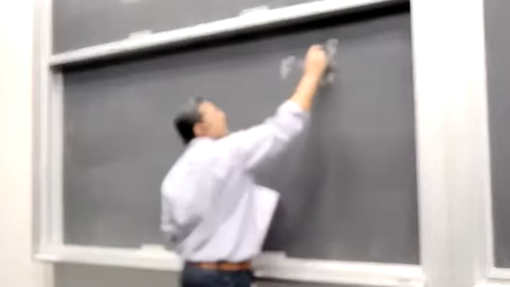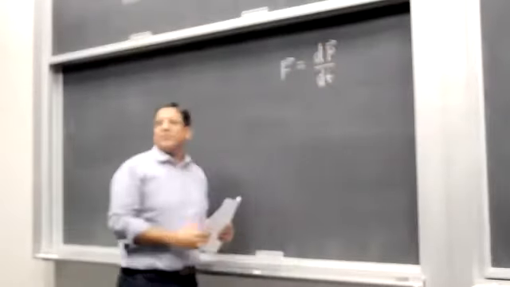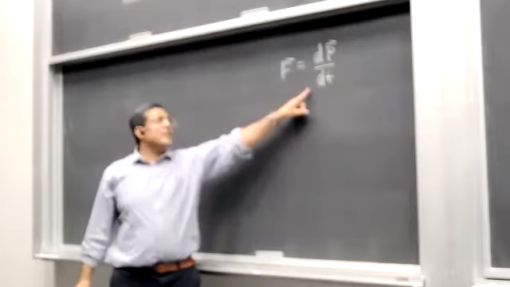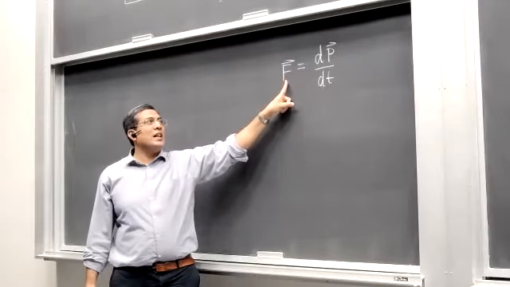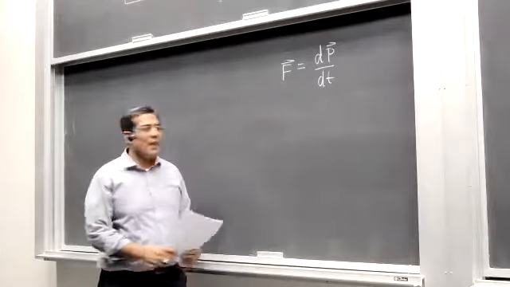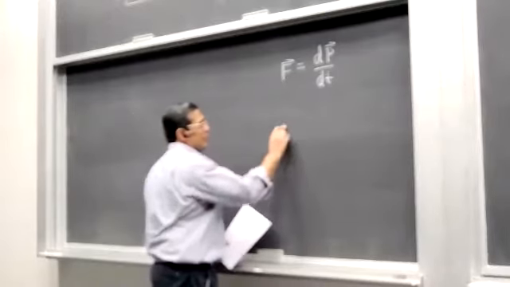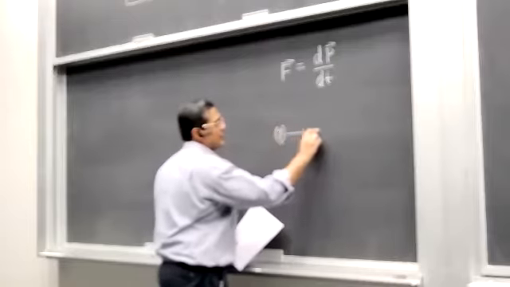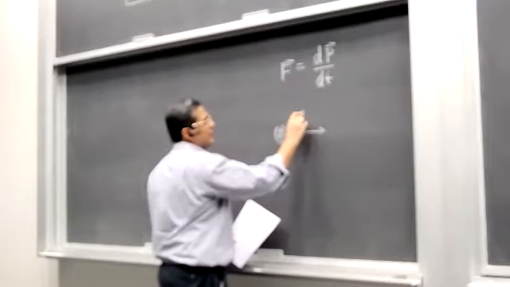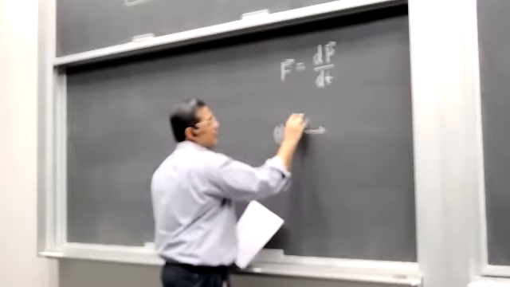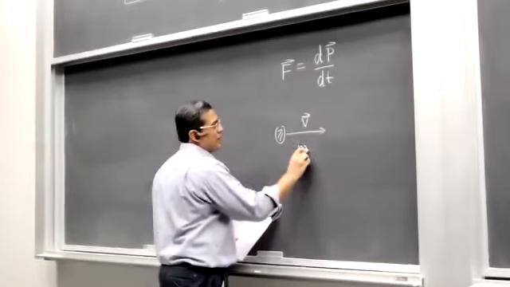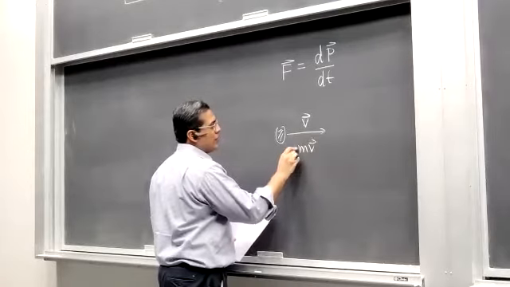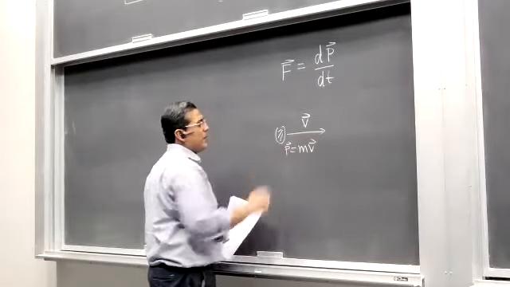Time rate of change of linear momentum is equal to the force being applied to the object. What that means is that if an object is moving, let's take a particle with a certain velocity v, and then it has, of course, momentum mv, which we call p, all right?